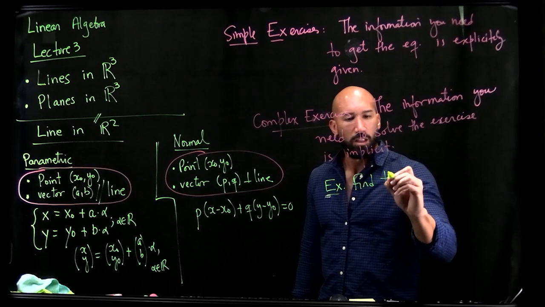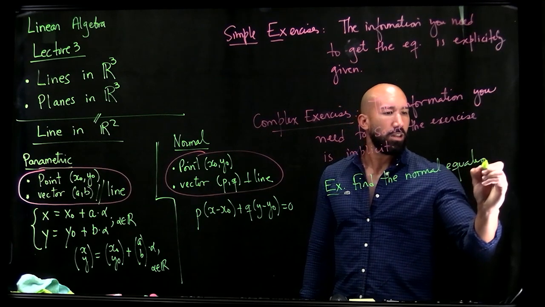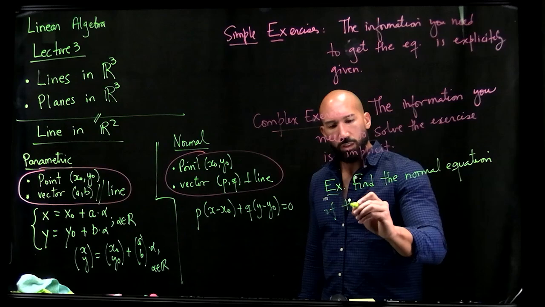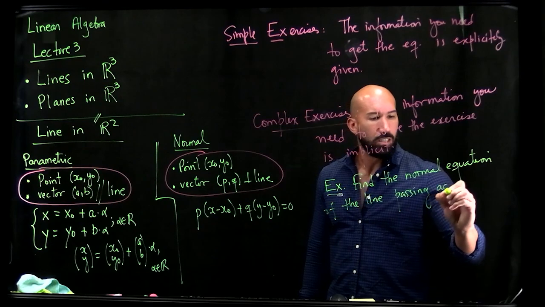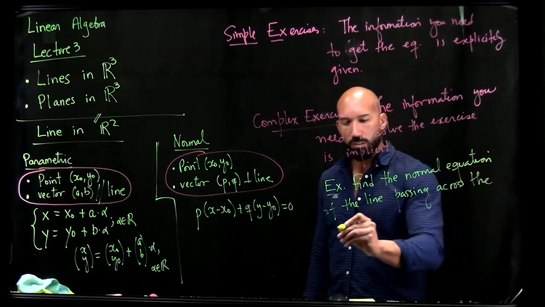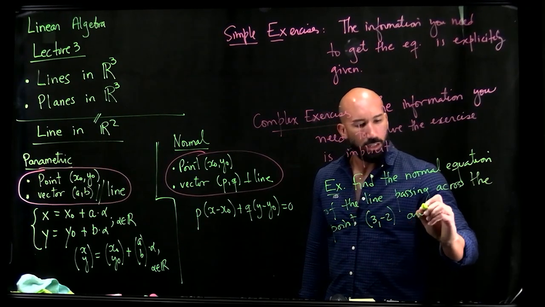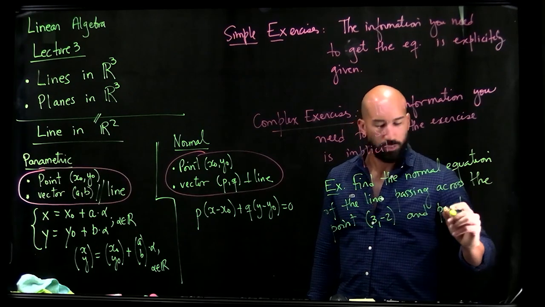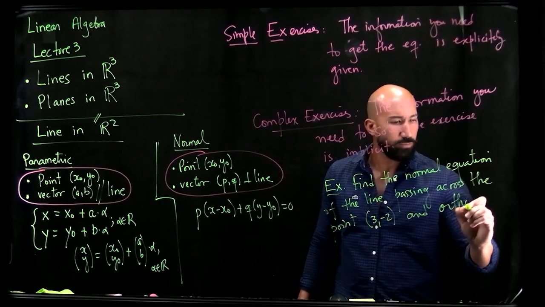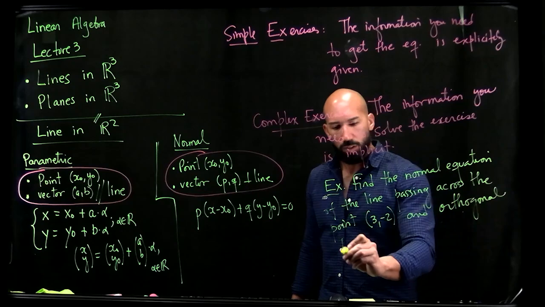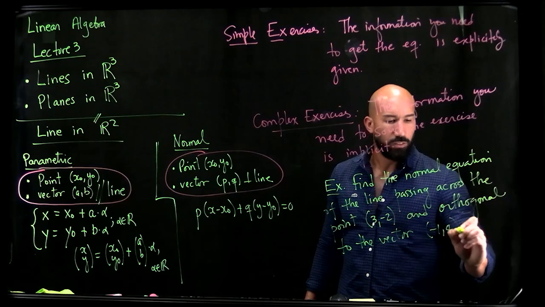Find the normal equation of the line passing across the point (3, -2), and orthogonal to the vector (-1, 4). Is that okay?